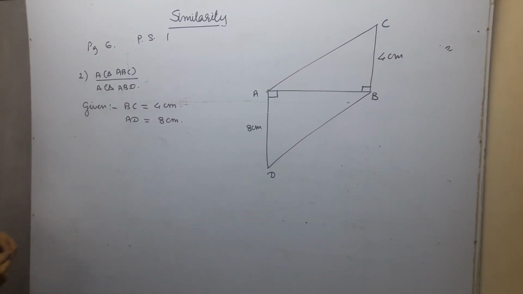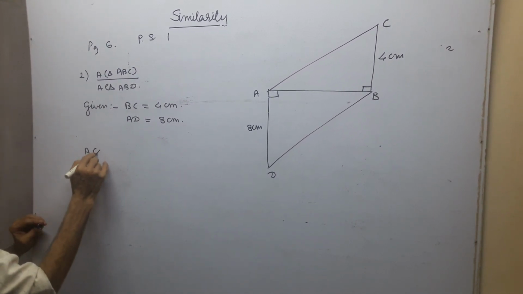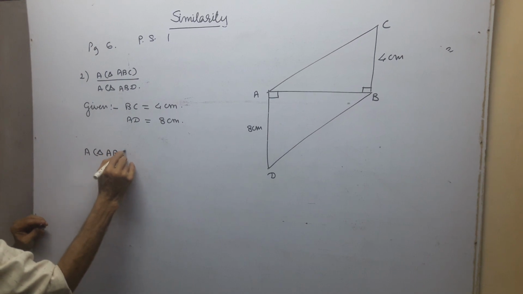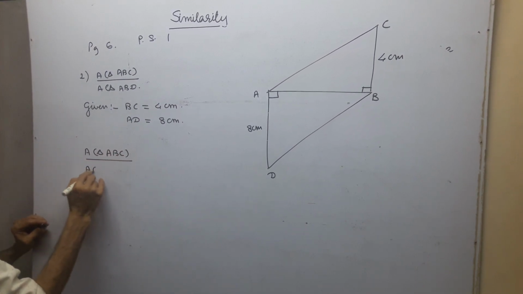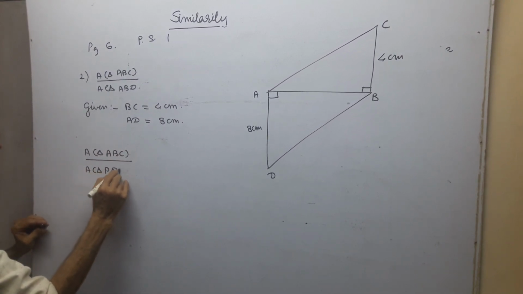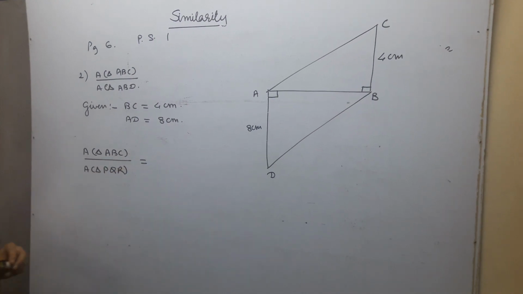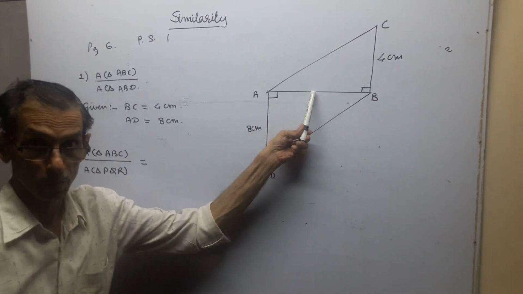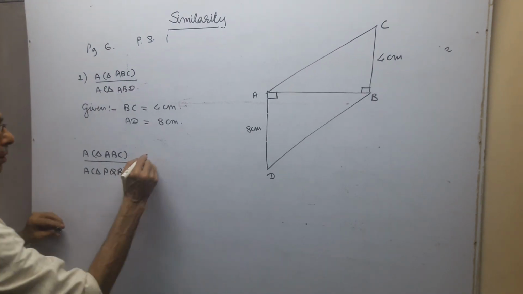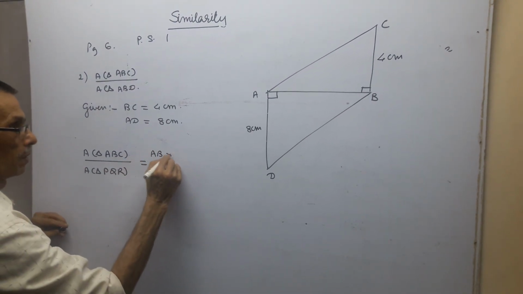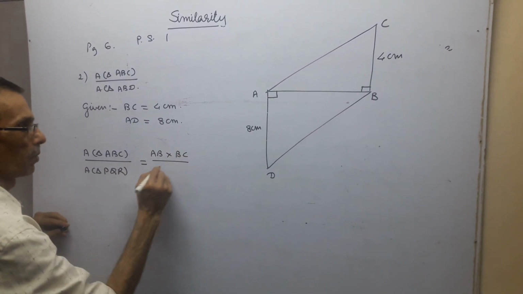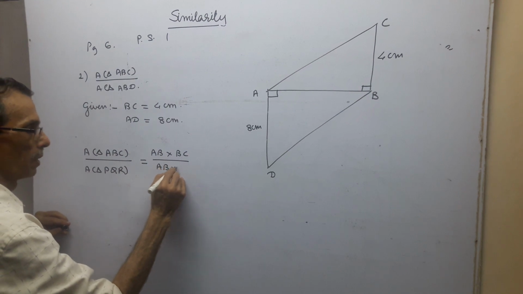Just now we have seen that area of triangle ABC upon area of triangle PQR is equal to base into height. So AB into BC upon AB into AD.